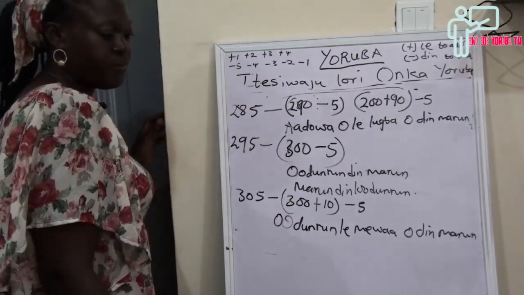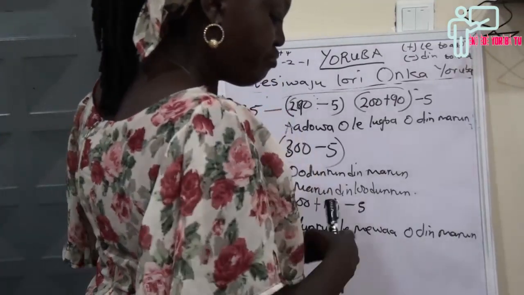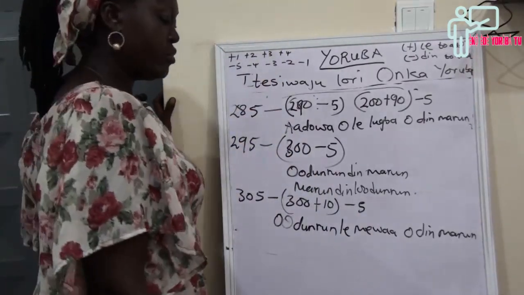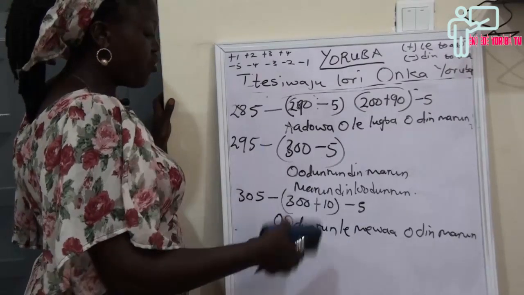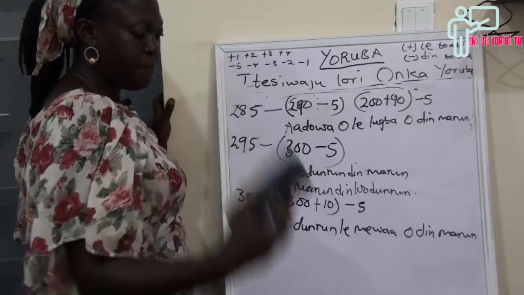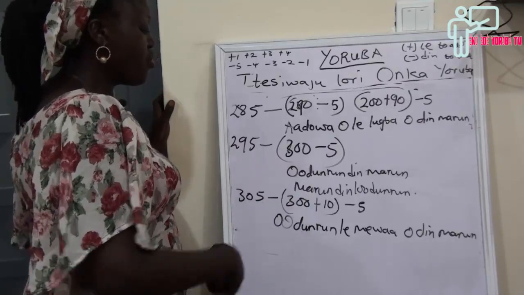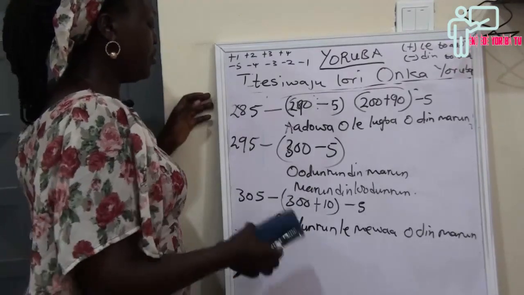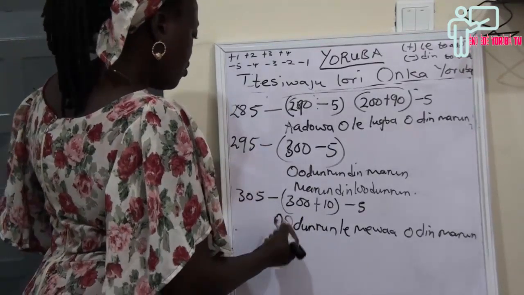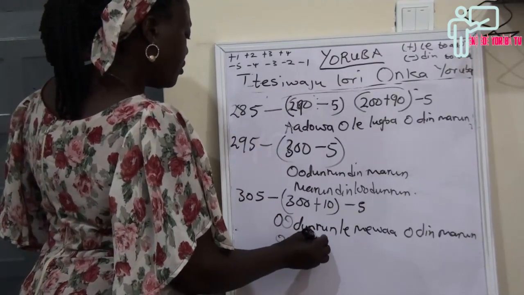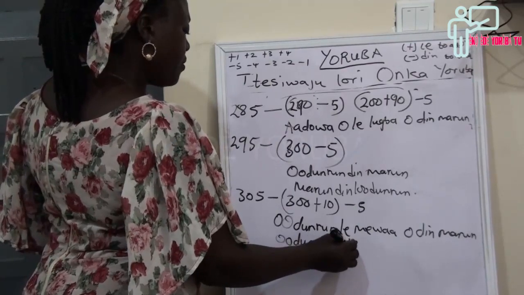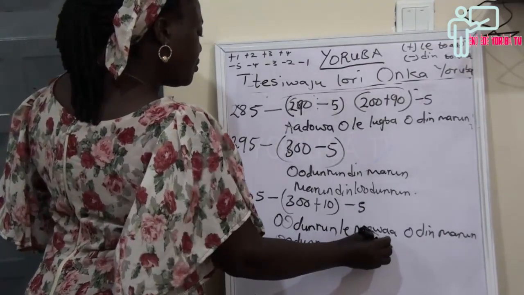Ó dín márùn. Or you just say ọdún ó lé márùn. Ọdún ó lé márùn. Either of the two. You say ọdún ó lé márùn.